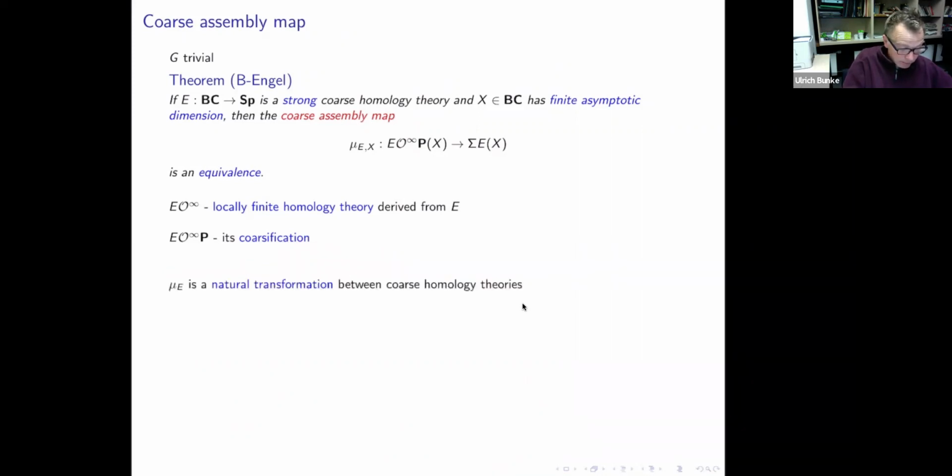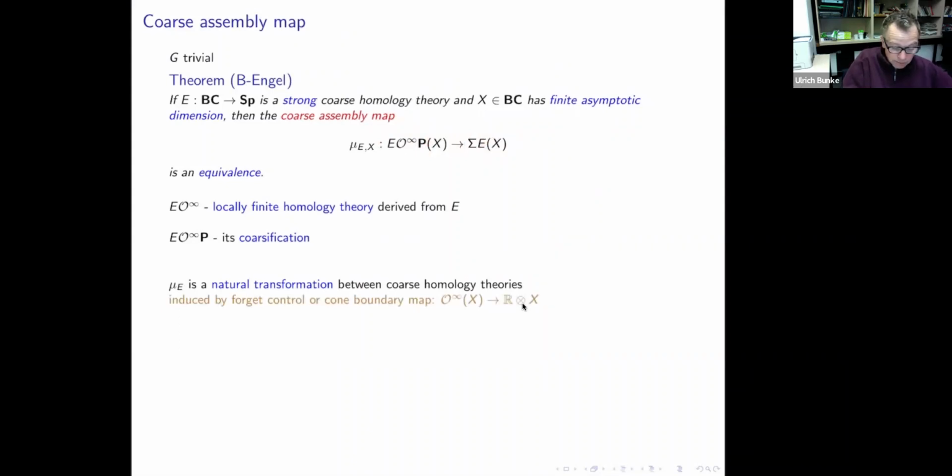Anyway, so this coarse assembly map is then a natural transformation between coarse homology theories. So this is some of the main points. Both functors, so this one and this one, are coarse homology theories, and we have a natural transformation between them. And this is induced from the forget control map or cone boundary map.